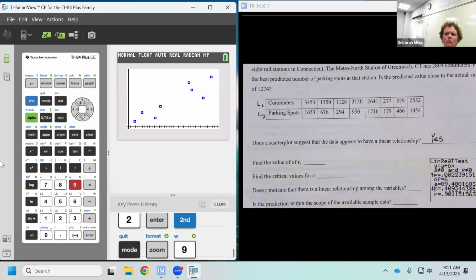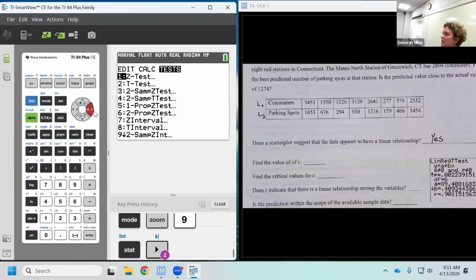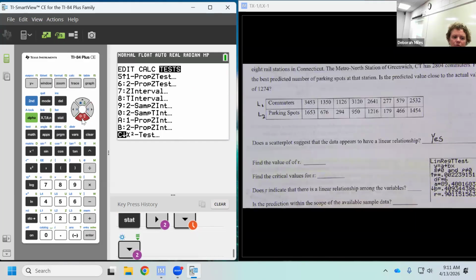Let's see. Right. Stat. This is from the 7.1 notes. Stat, and then tests. And scroll all the way down to, I believe it's F. It says LinRegTTest. That's linear regression T-test.